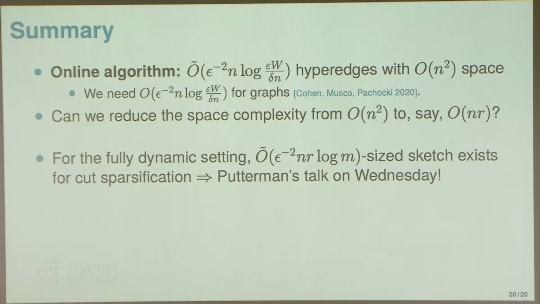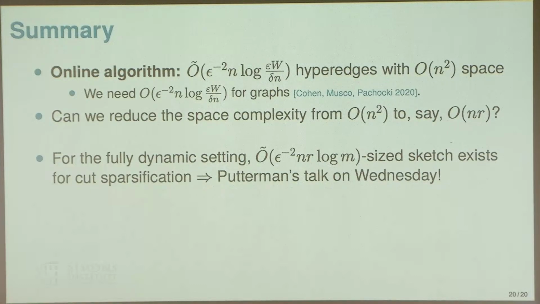This is online, and this only cares about edge insertions, but not the streaming setting. It is also natural to think about edge deletions. For the fully dynamic setting, an n r log m size sketch was recently shown for cut sparsification, and I guess there's a talk about it tomorrow.